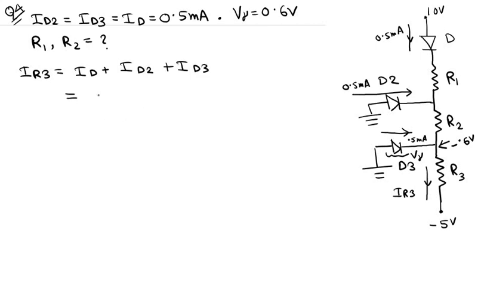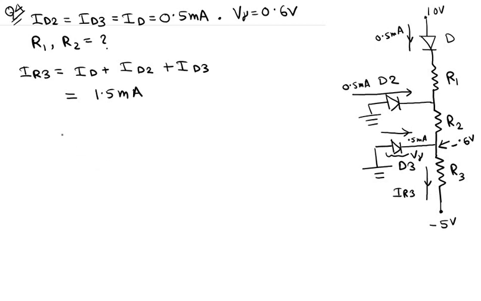So this must be equal to 1.5 milliamperes, since each of ID, ID2 and ID3 is 0.5 milliamperes. So the total current through R3 is 1.5 milliamperes.